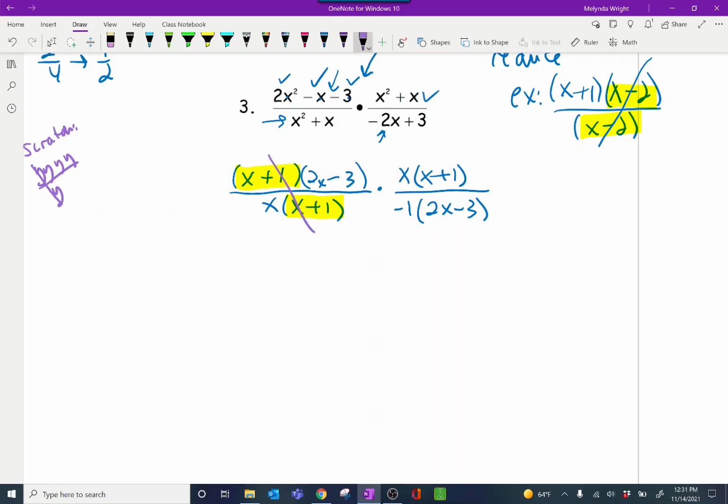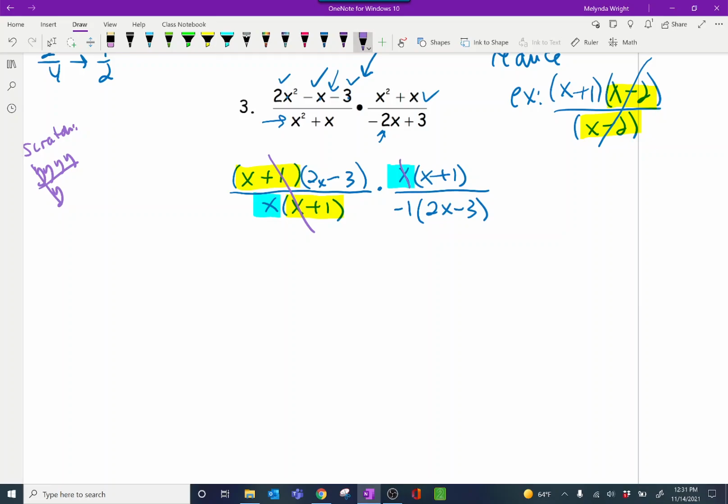Since this is multiplication, we can also cancel across the multiplication. For example, this x, which is in the denominator, I can cancel with that x, which is in the numerator, and that's okay because the numerators are all being multiplied together, as are the denominators. I can look at the other fraction's numerator too.